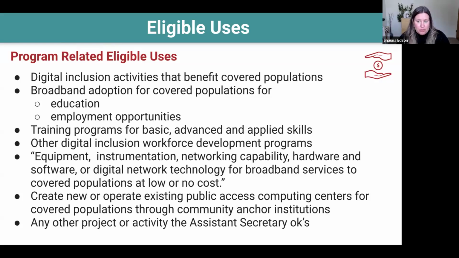Other digital inclusion workforce development programs. You may use the funds for public computer centers for covered populations through community anchor institutions or any other project with a special okay. I do want to make a quick note about this program. The money for the program isn't fully out yet, so it may be at risk in the future.